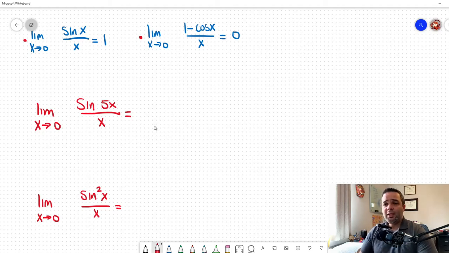So how do we use these identities or these limit definitions in order to solve further ones? Here in my first example, I have the limit of sine of 5x over x. I can see already through direct substitution that this would be an indeterminate form. If I were to directly plug in 0, I'm going to get 0 over 0. So that indicates to me something can be removed.